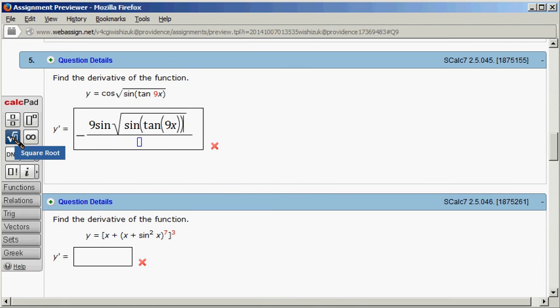And then on the outside, you have a cosine of tangent of 9x.